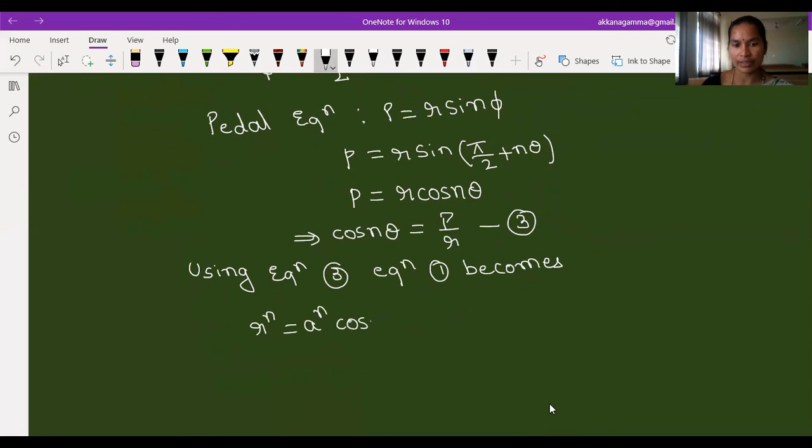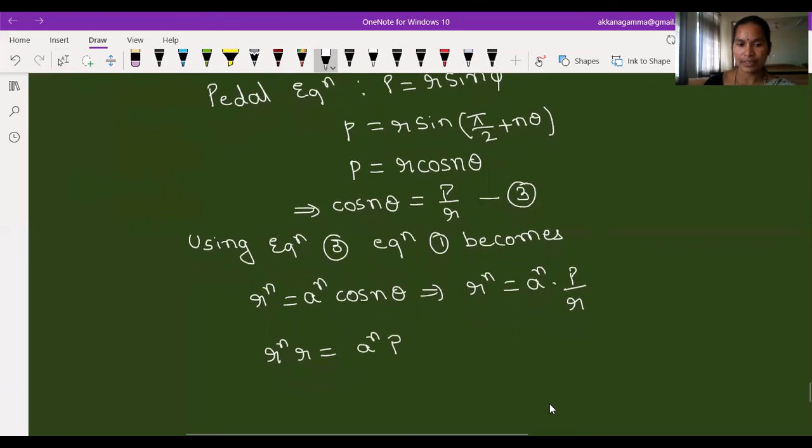Now I replace cos n theta by P by r. Moving the r to the LHS, I get r to the power n into r equal to a to the power n into p. If the base is the same, we can add the powers. So r to the power n plus 1 is equal to a to the power n into p. This is the pedal equation for the given curve. So we discussed this. Thank you.